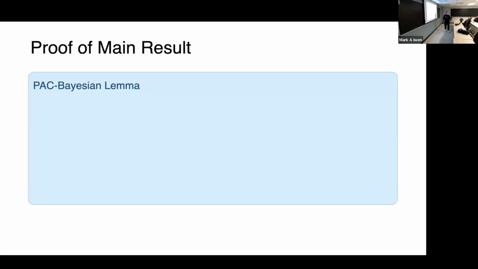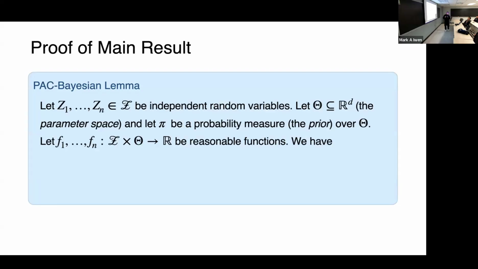Cool. Given all that, I want to give the very quick proof of our main result. The way we prove our results is very straightforward once we have the following hammer, or lemma. It's somewhat abstract to state, but we'll see how it applies.